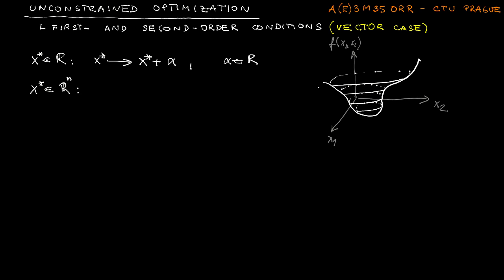Now, the point that is suspected of being the minimum, and indeed in this case it will clearly be a minimum, will be here. We'll label it as x star with its corresponding coordinates.